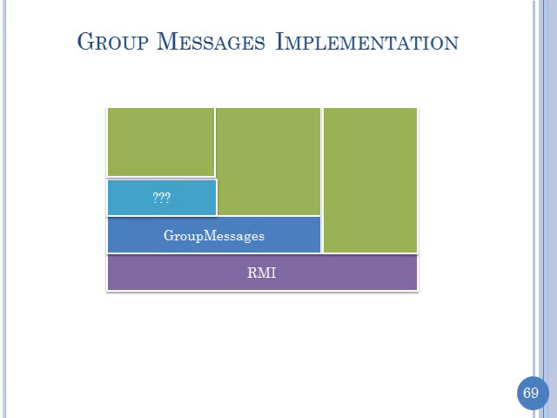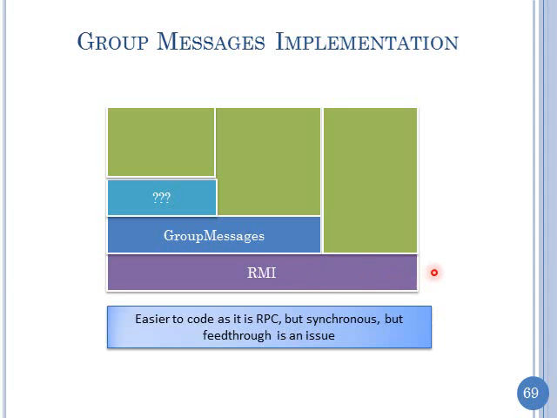But its implementation uses RMI, and the reason I did that was because I was lazy. I wanted to use a high-level layer. This is a remote procedure call, but it's synchronous. That means our remote feedback is going to be influenced. It's not going to be as fast as we'd like it to be, and there was really no convenient asynchronous RPC available at that time.